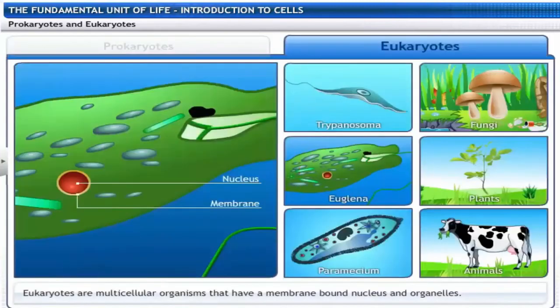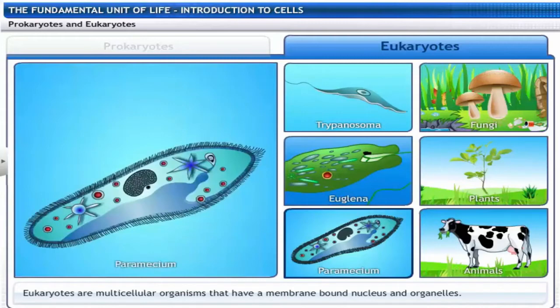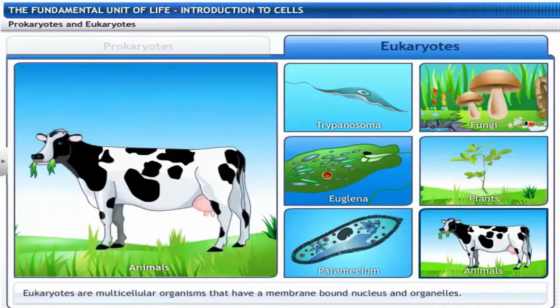Eukaryotes are characterized by membrane-bound nucleus and organelles. Eukaryotes can be unicellular, such as trypanosoma, euglena, paramecium, or multicellular, such as fungi, plants, and animals.